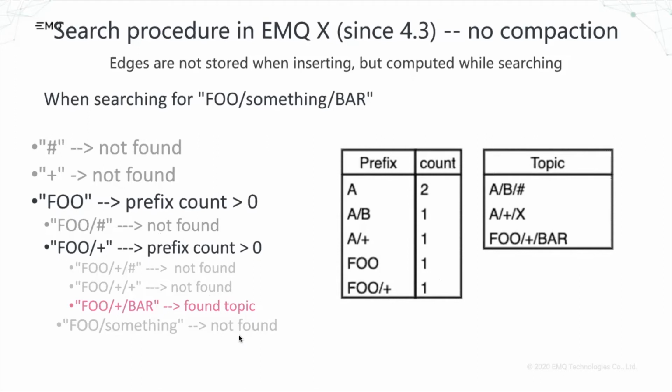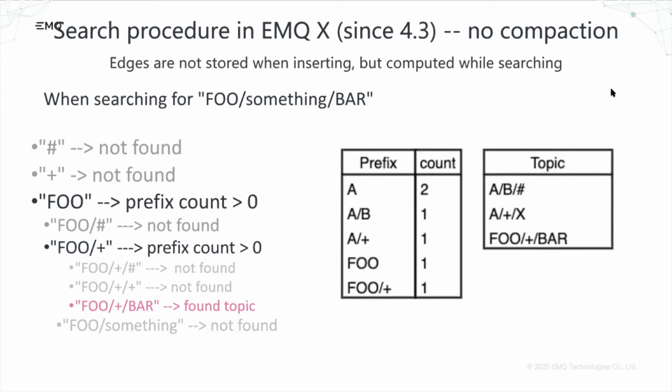And of course it needs to go back up in the stack again to search for foo something. There's no such topic having such a prefix. That means we can stop here. Is it clear enough?